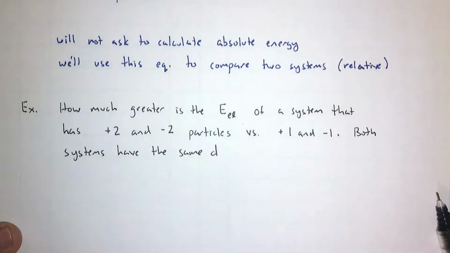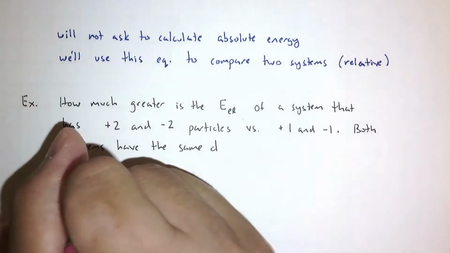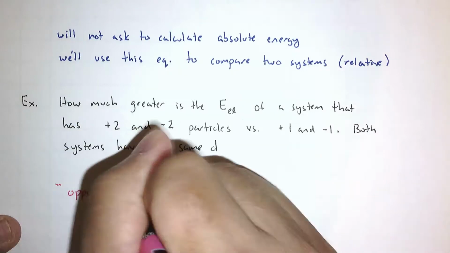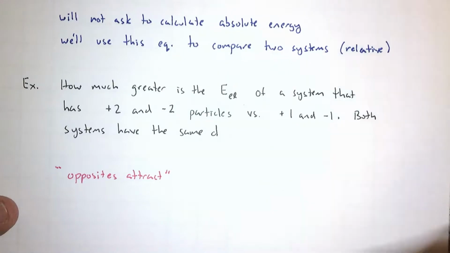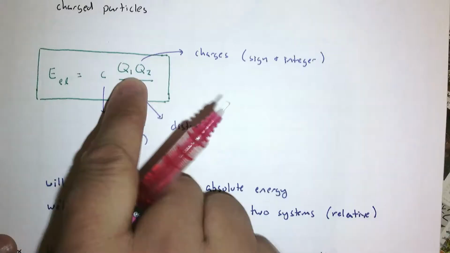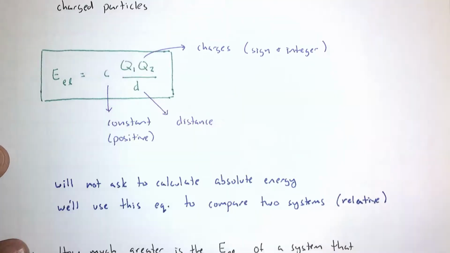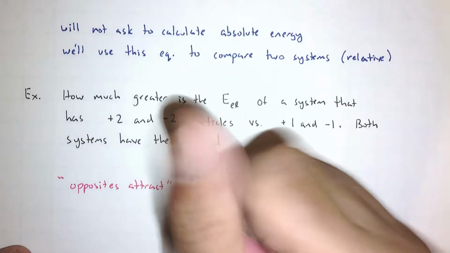Now there are a couple of phrases that I think you are familiar with. That's opposites attract. We'll start with that first. Opposites attract. What that ends up being in this equation, when you have a plus times a minus, is that the whole energy will be negative. And that means that there's an attractive force.